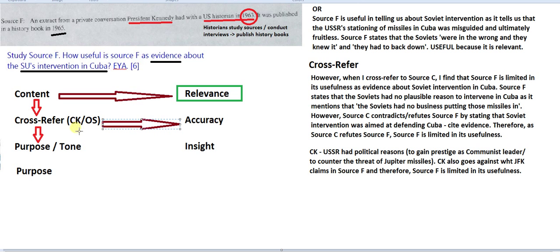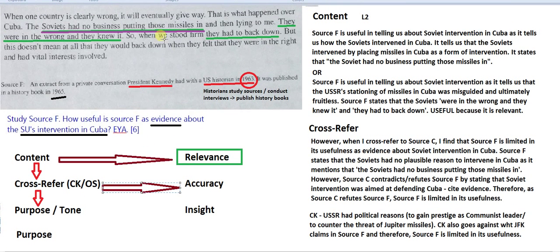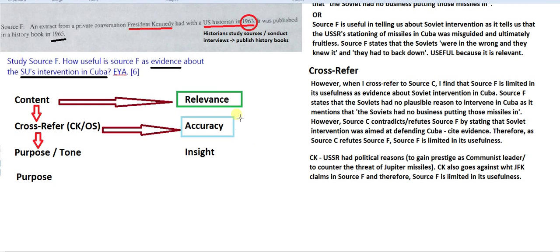Based on our contextual knowledge and other sources, we realize that what Kennedy says in this source is not accurate. And when something is not accurate, essentially it is not useful. An inaccurate source definitely limits the usefulness of a source. So although it was relevant, it is not entirely accurate and therefore not entirely useful.